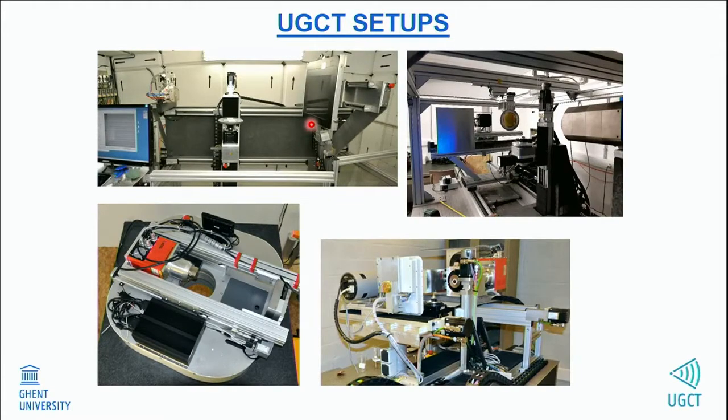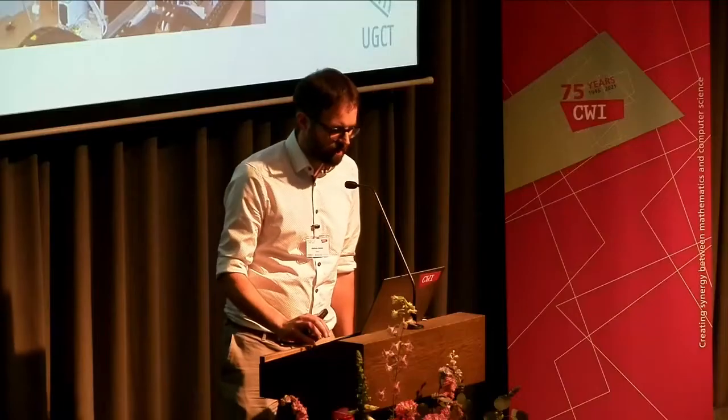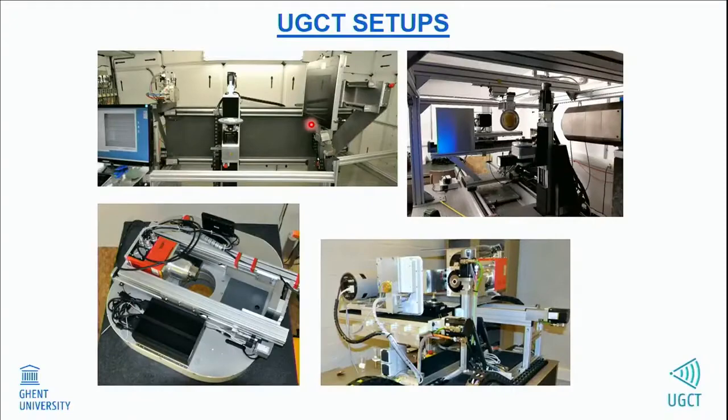So as I mentioned, we do custom designed CT scanners. So we built our own CT scanners. These are our 4 main CT scanners. I'm not going to go into detail at this stage because they will be elaborated on in more detail throughout the presentation. But as you can see, unlike the FleXRay system, they're not in a closed cabinet, so they're really open.